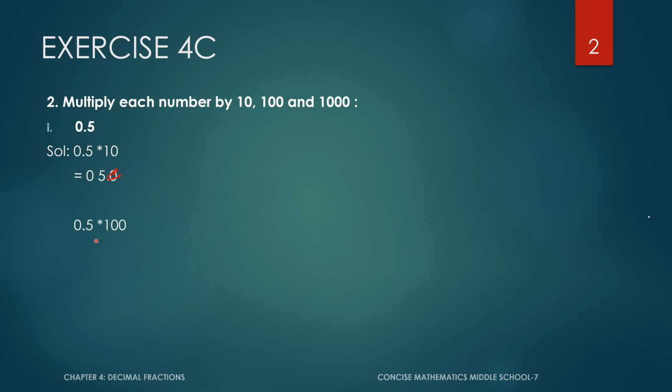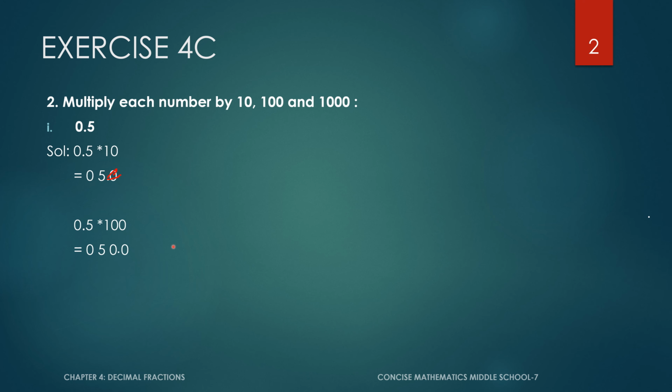Again the same number is multiplied with 100. 100 is having two zeros, right? So first here the point is over here, right? After 0.5 the point is over here. So this point will be moving two decimal places towards the right. Since there is no number, I'm considering it as 0 and move this point 2 times.